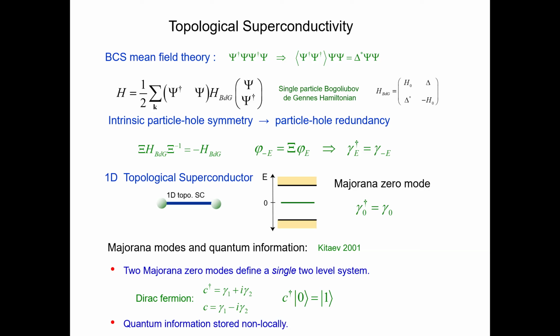In particular, a superconductor requires interactions between the electrons. But if you take the point of view of the mean field theory that Bardeen, Cooper, and Schrieffer introduced, the BCS mean field theory, then one replaces the interacting problem with an effective single particle quantum mechanics problem.